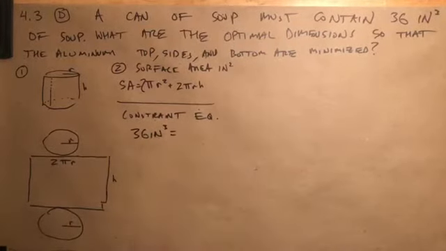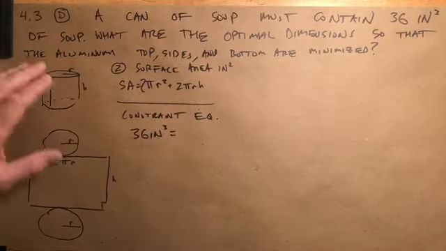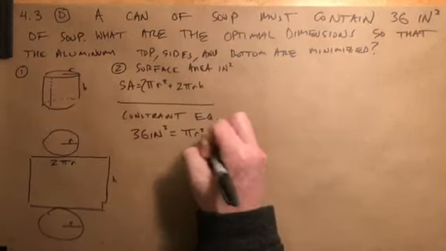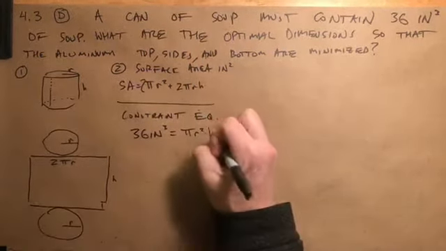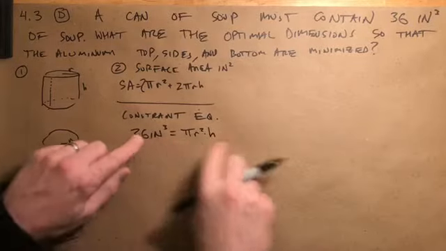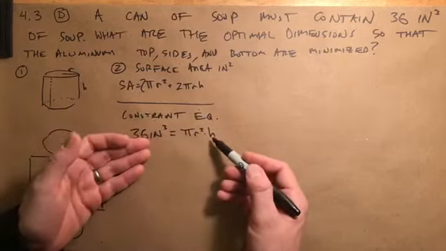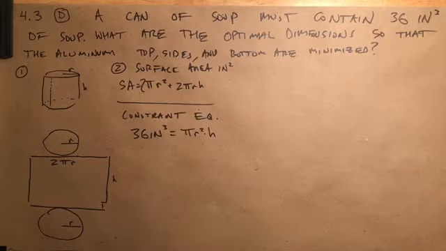So that's a volume idea, and the volume of any rectangular solid is the area of the base multiplied by the height. And now that we have our constraint equation, we're going to have to solve for one of these variables and then substitute in to our surface area.